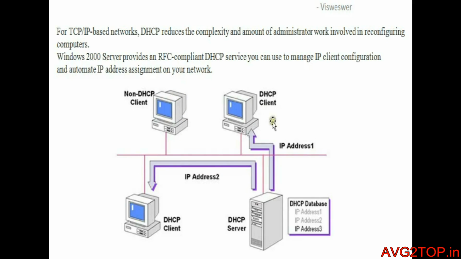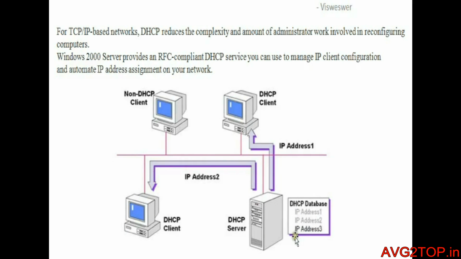Assume that, and the DHCP server, as I said before, contains a database of a list of all the IP addresses. So IP address 1 is reserved for the first DHCP client computer. IP address 2 is allocated to the second DHCP computer here.